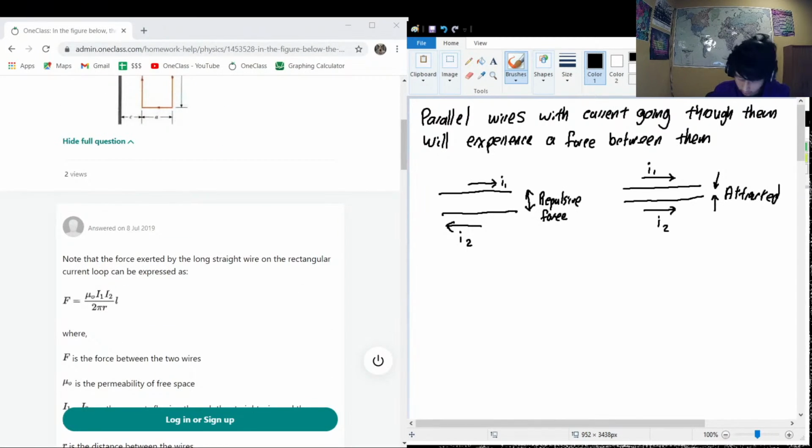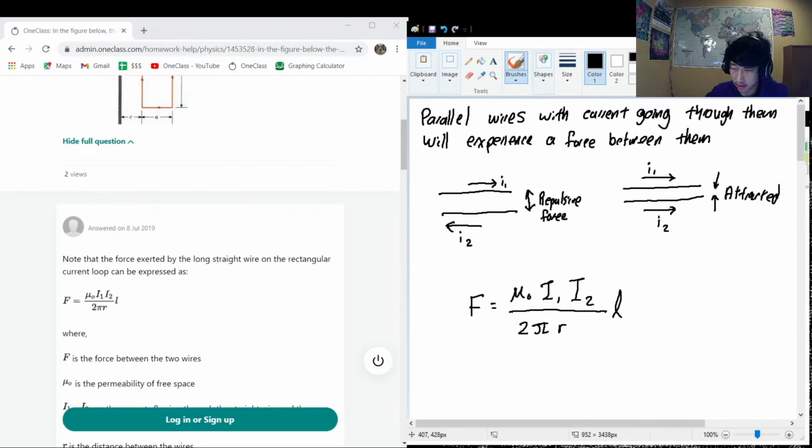We have the F between the wires is going to be mu naught multiplied by current 1 multiplied by current 2, and that's all divided by 2 pi r, and you also multiply it by L.